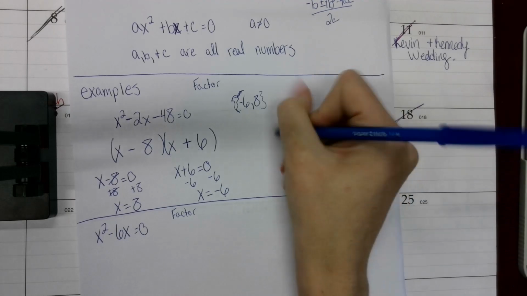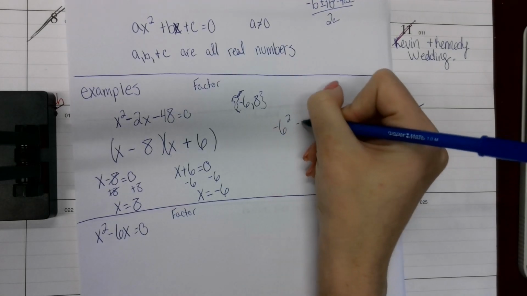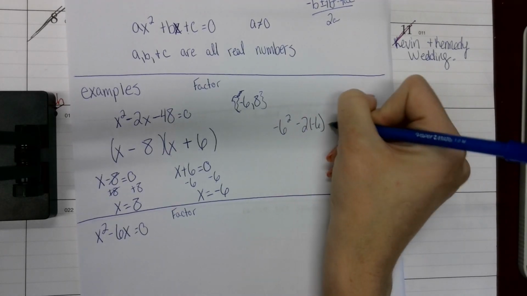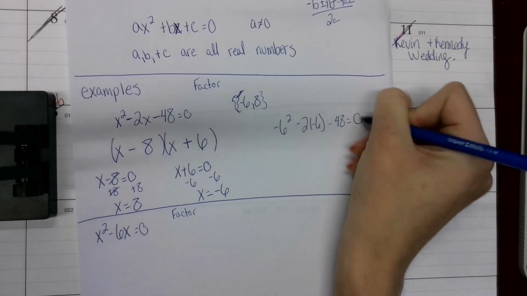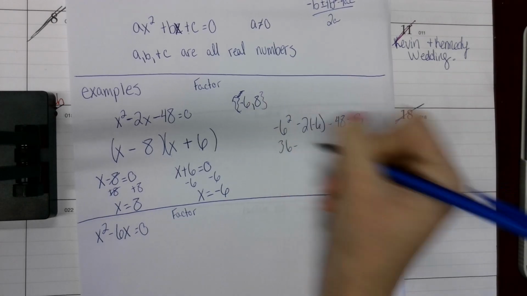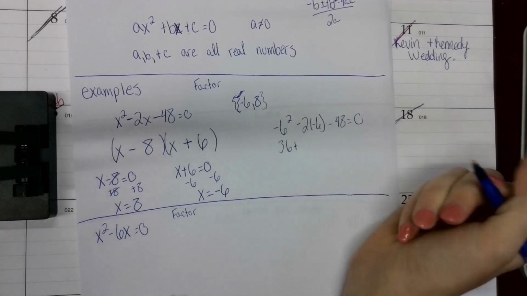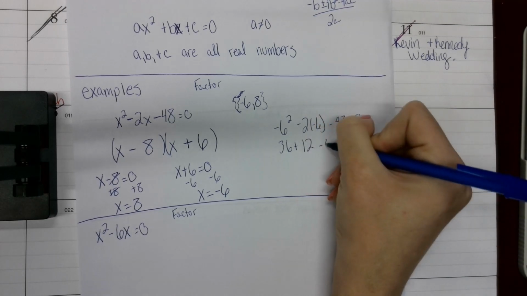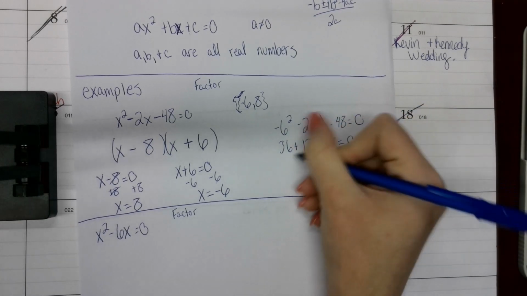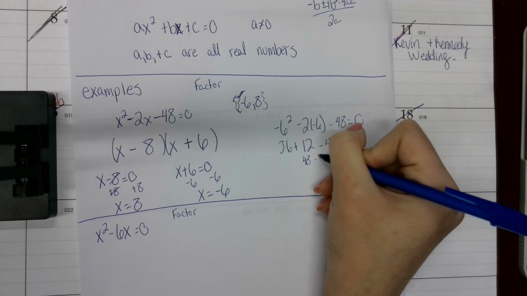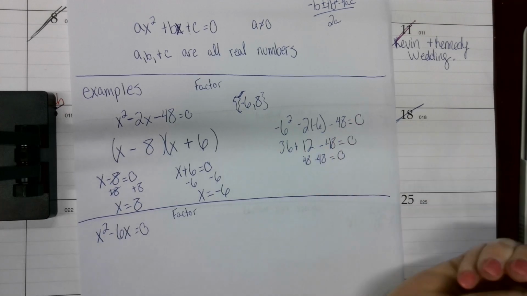Now if I want to check this, negative 6 squared subtract 2 times negative 6 subtract 48 equals 0. This would be 36 plus, because the negative times negative, 12 subtract 48 equals 0. 36 plus 12 is 48. Subtract 48 equals 0.